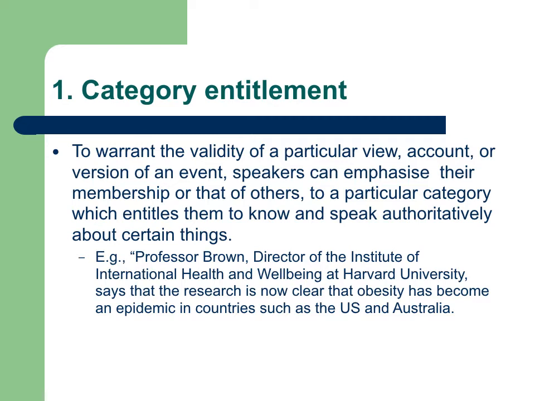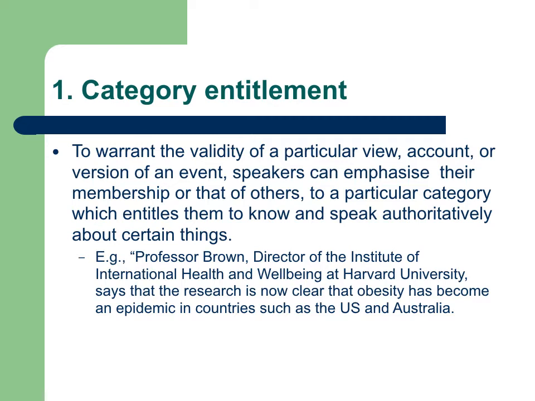But people do this in everyday talk as well, and it doesn't necessarily have to follow the example that I've got here on the slide, which is often used where professional authorities are cited as warranting a particular view, but also memberships to ordinary categories such as mother or father or child or adult that could be used to lay claims to the entitlement of power or authority over a particular view or account.